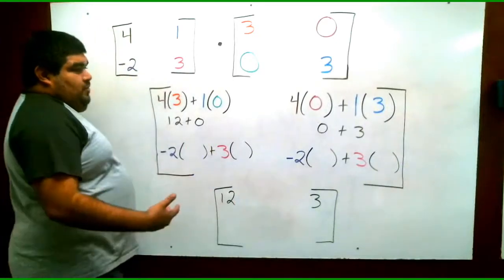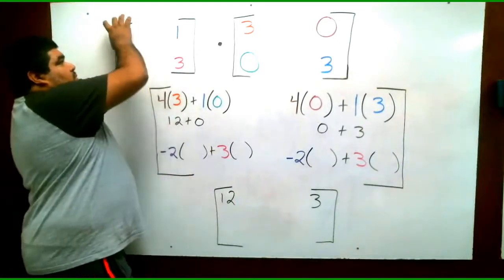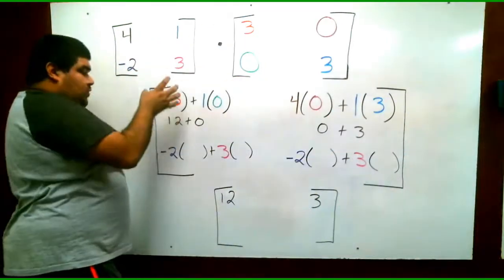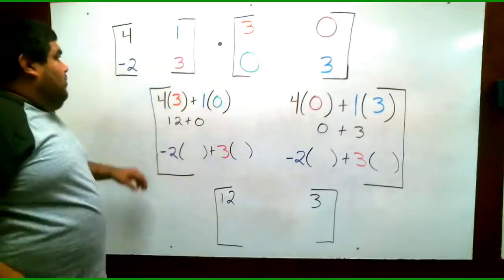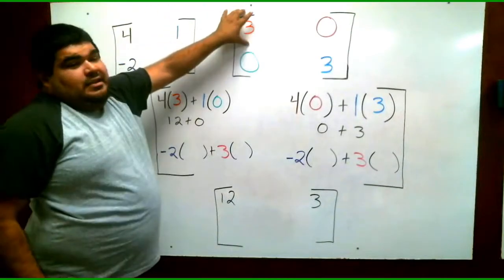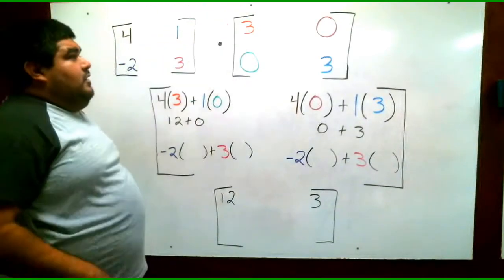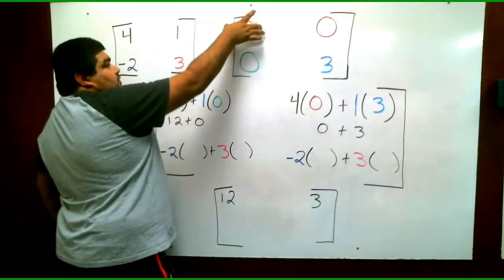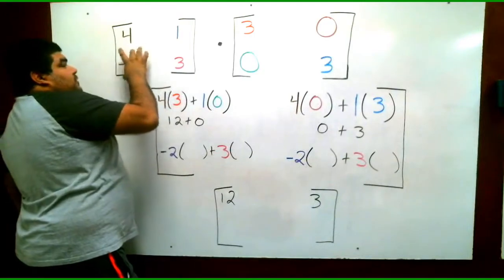If you guys remember, I said your row goes with your row, your column goes with your column. So last class we multiplied the first row with the first column on the second matrix. Today we're going to multiply the bottom row again with the first column, which is negative 2 times 3.